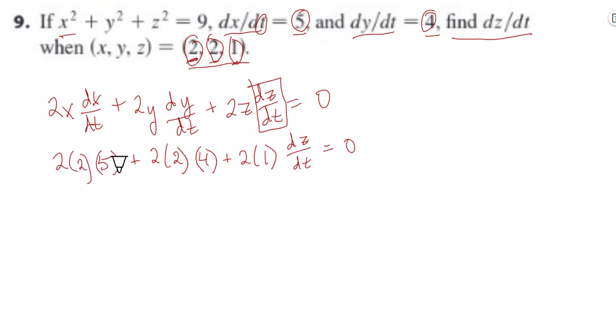So 2 times 2 is 4 times 5, that's going to give us 20. 2 times 2 is 4 times 4 is 16. 2 times 1 is 2. And so we get 20 and 16 and 2, that's 38. So I'm going to move it to the other side, so it's going to become negative 36.